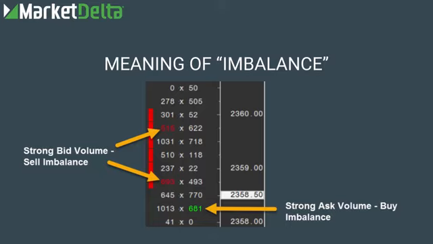Here you can see, I've already pointed these out on the other slide, but these are sell imbalances. Sell imbalances are going to be red. Buy imbalances are going to be green or blue. Typically, those are the colors people use. But hopefully you're understanding it's this relationship right here.